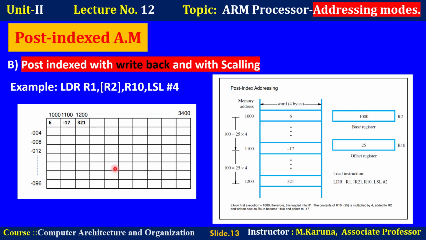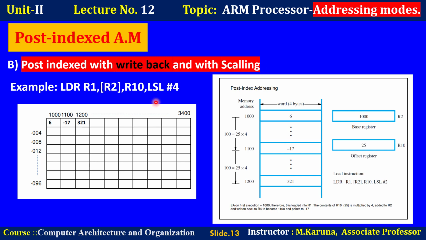So 1000, 1001, 1002, 1003, likewise 1100, 1101, 1102, 1103, likewise 1200. Many memory locations are there, but I want to access the data elements from the required locations: 1000, 1100, 1200. To access that kind of data, we can go for post indexed with write back and with scaling.